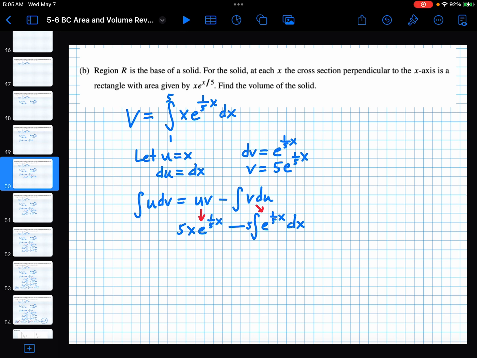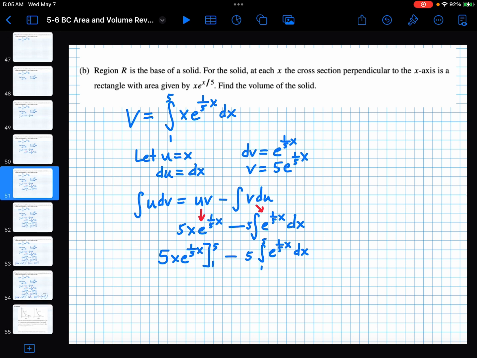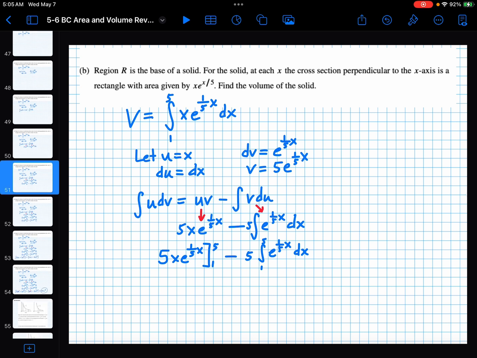So you evaluate that uv term at the upper limit of integration minus that uv term evaluated at the lower limit. I know that's strange, but since it started out as part of an integral, you have to follow all the integration rules for that.